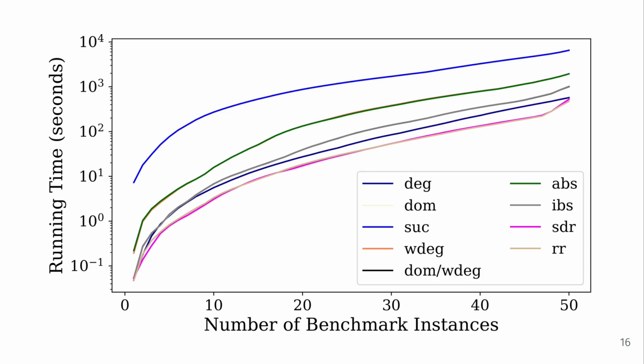Here, both our SDR and R perform better than the others, and we didn't draw SDR bound and R bound because they look very similar to SDR and R.